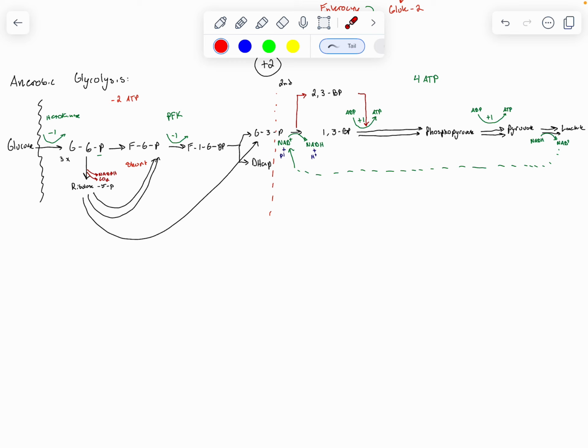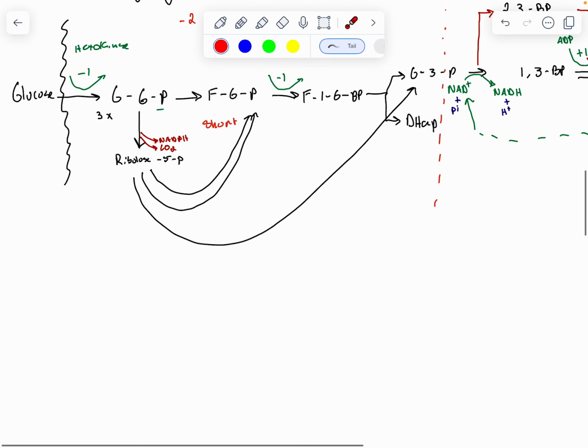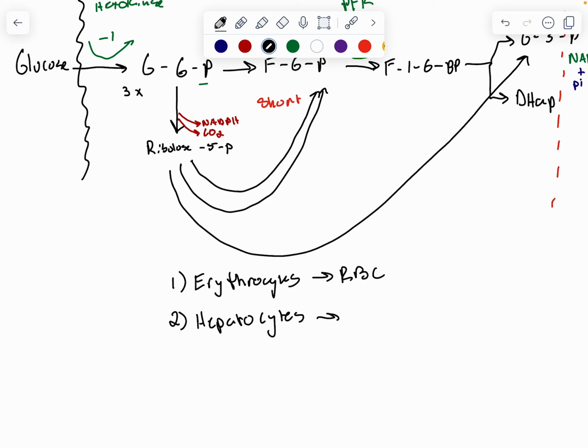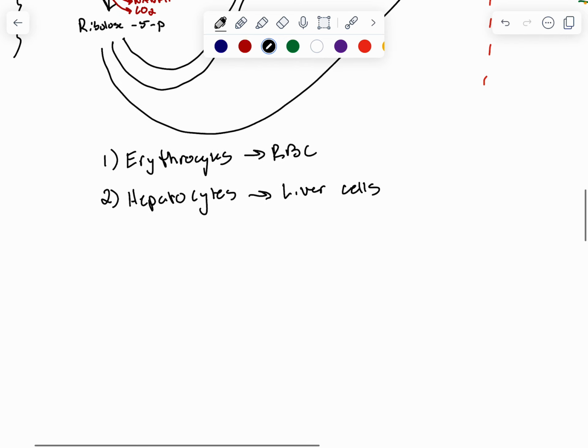And I believe for just anaerobic glycolysis, this should be pretty good. A minor detail when it comes to the pentose phosphate pathway is that it is present in erythrocytes and hepatocytes, aka red blood cells, aka liver cells, but it is not present in muscle cells.